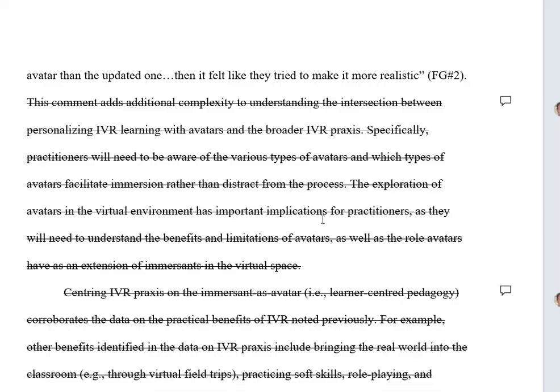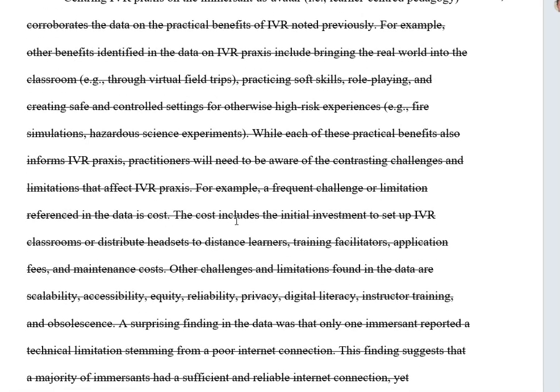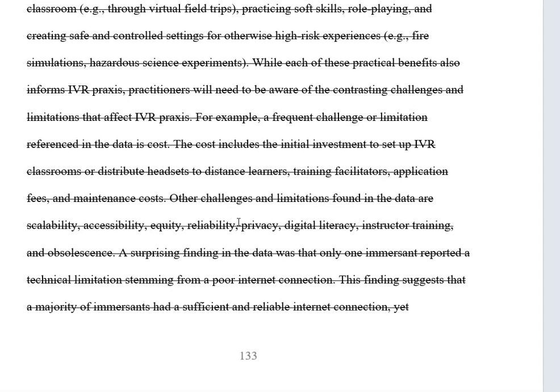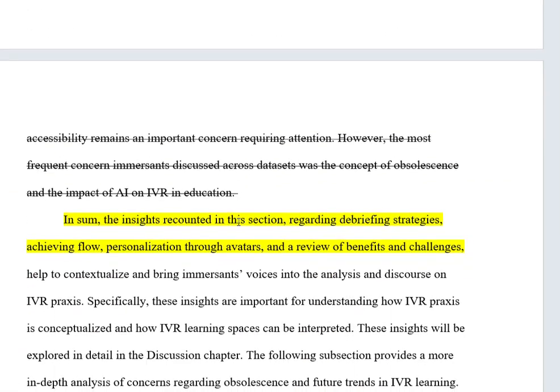But that's educational advice. It's not a result. And then centering praxis and the immersion, for example, other benefits. And then you talk about these benefits which aren't really data. So that definitely is not data.